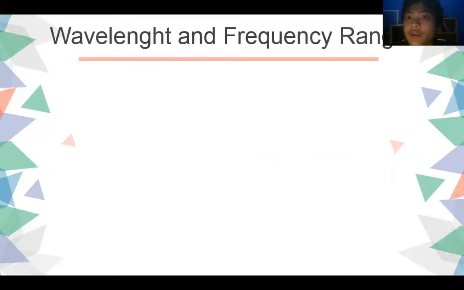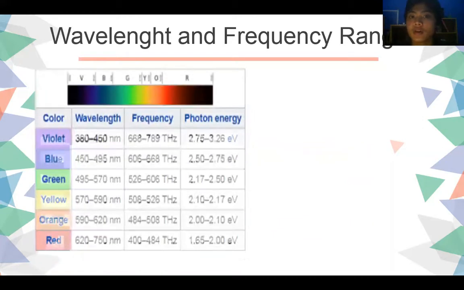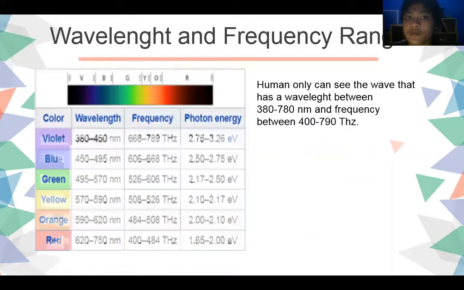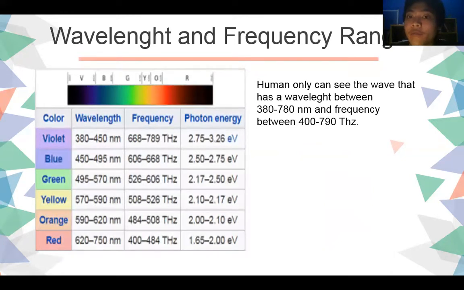The next, wavelength and frequency range. In visible light, humans can only see waves that have a wavelength between 380 until 780 nanometers and frequency between 400 until 790 Hz.